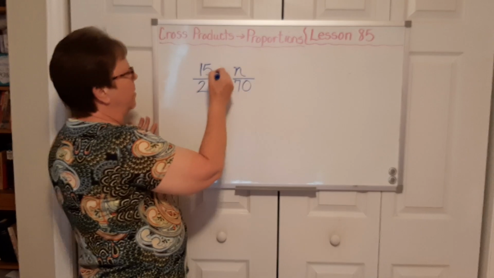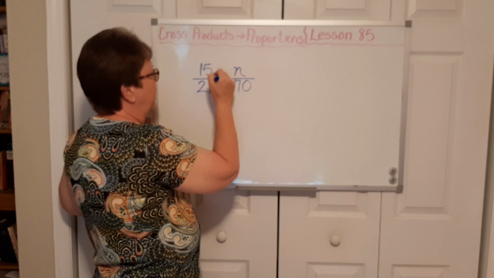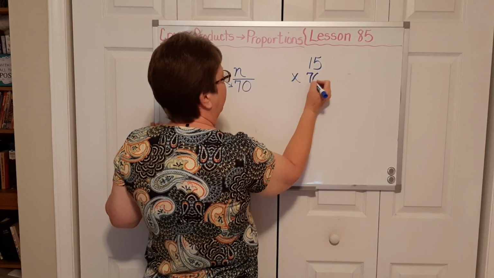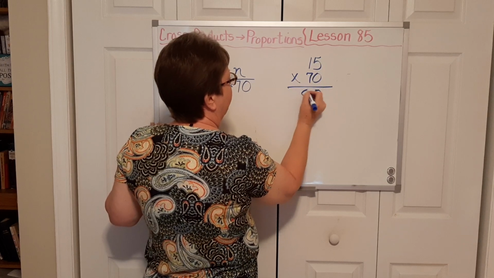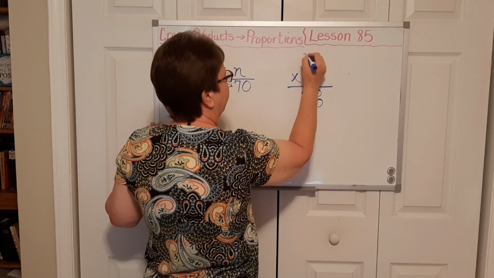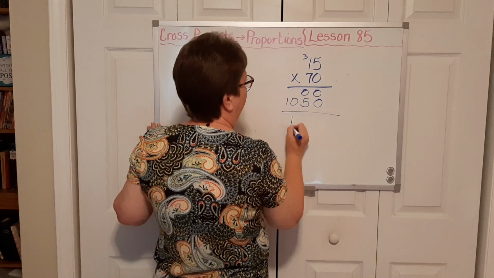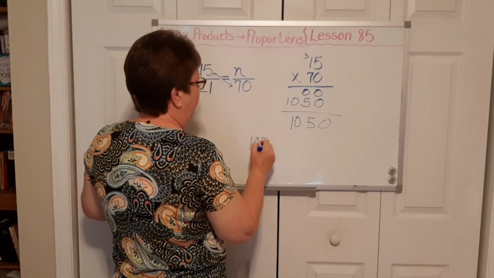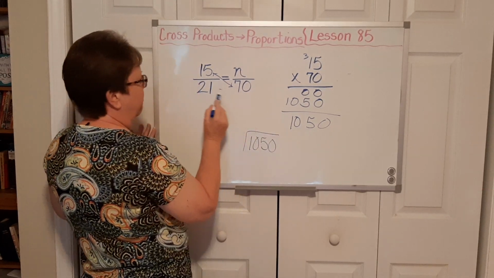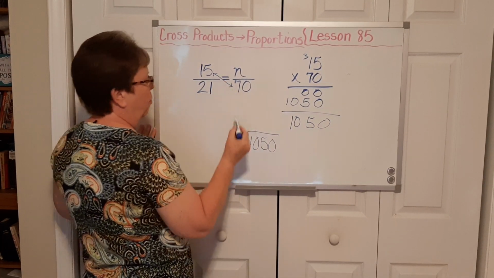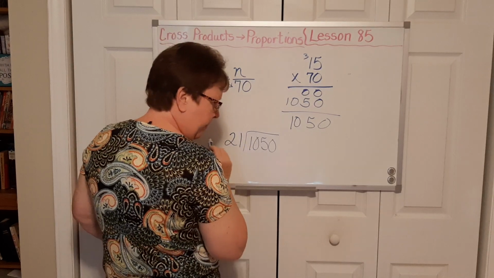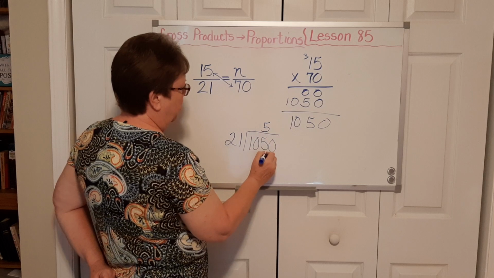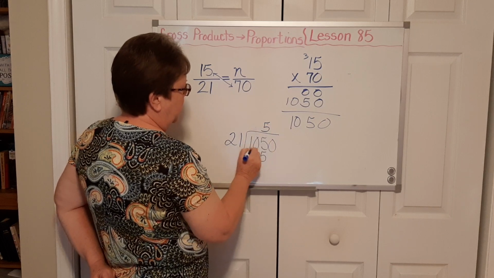We're going to have to multiply our 15 times 70 first. So we'll do 15 times 70. Now we have our 1050, and we want to divide that by our 21, and that'll give us what n is equal to. 21 goes into 105 5 times. 5 times 1 is 5. 5 times 2 is 10.